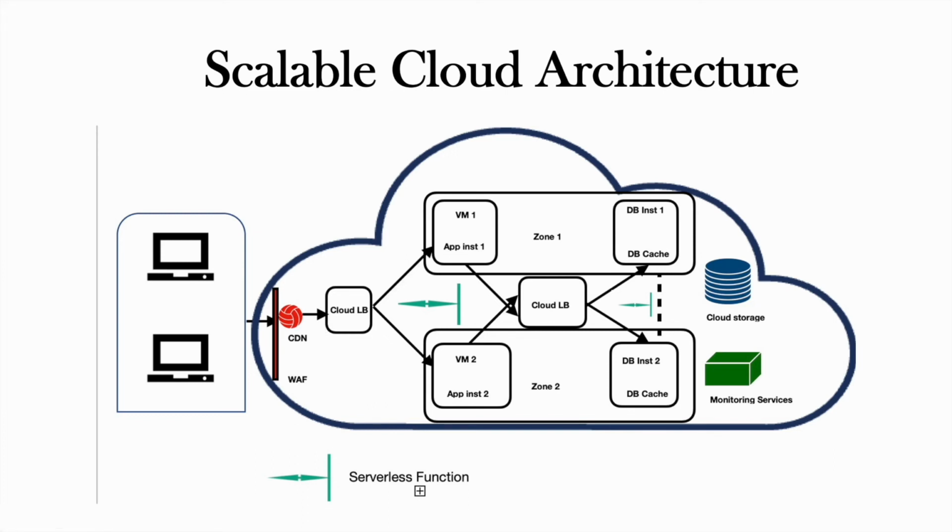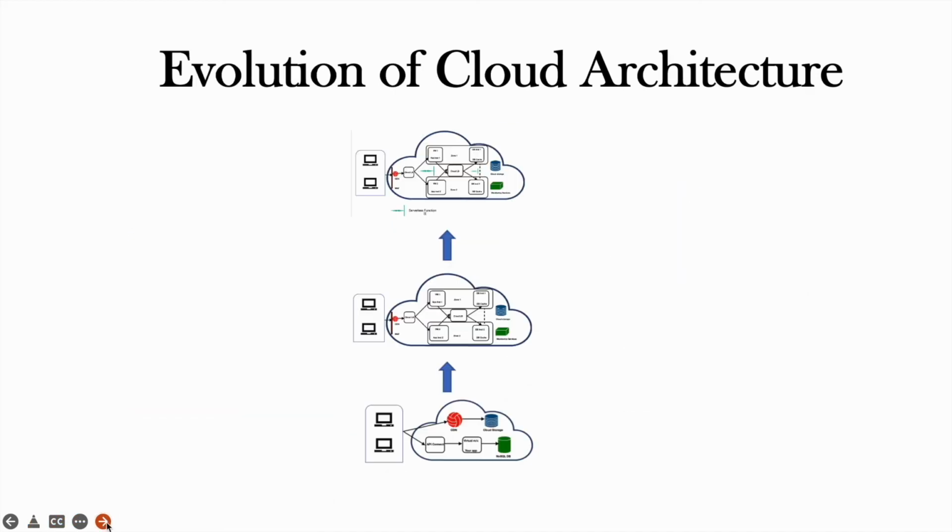In order to give you an evolution of the cloud architecture, I showed these three diagrams. Initially we created a simple cloud architecture, which had many single points of failure. Then we addressed those single points of failure with load balancers and cloud load balancers, right? And even after addressing all the single points of failure, it was not that scalable, right? So we introduced scalability with the third diagram.